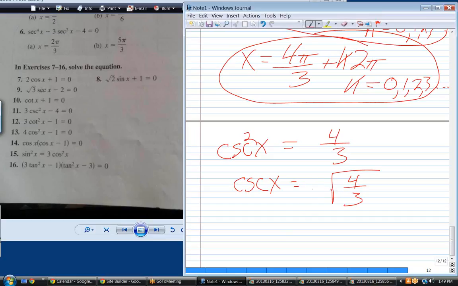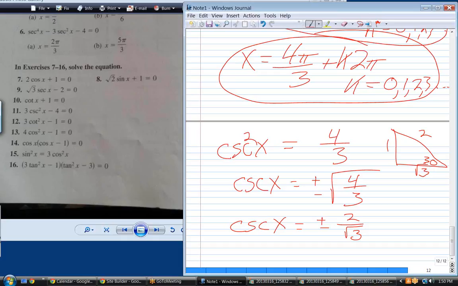Now, I can reduce this a little bit to make it plus or minus 2 over root 3. And if I go back to my 30-60 triangle, this is the 2, this is the root 3, this is the 1. So what angle is the cosecant of x equal to 2 over root 3?